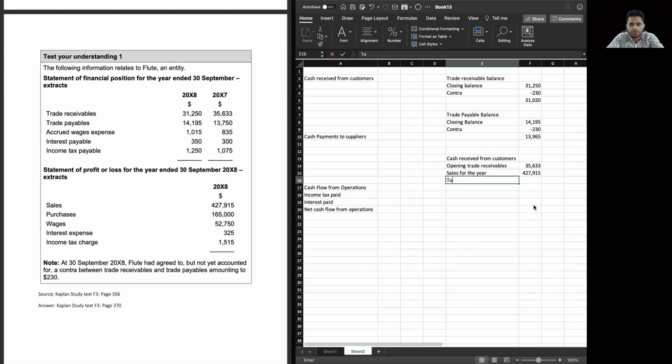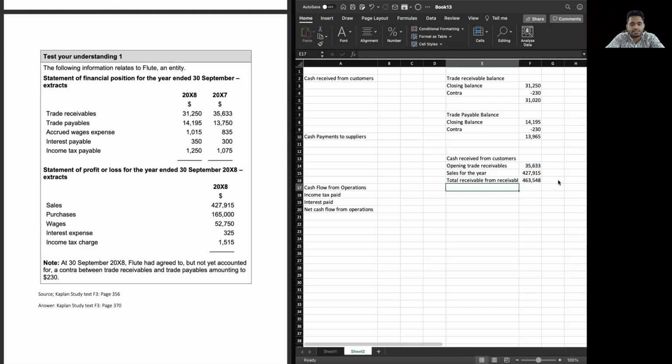So the total receivable from receivables is going to be 35,633 plus 427,915.